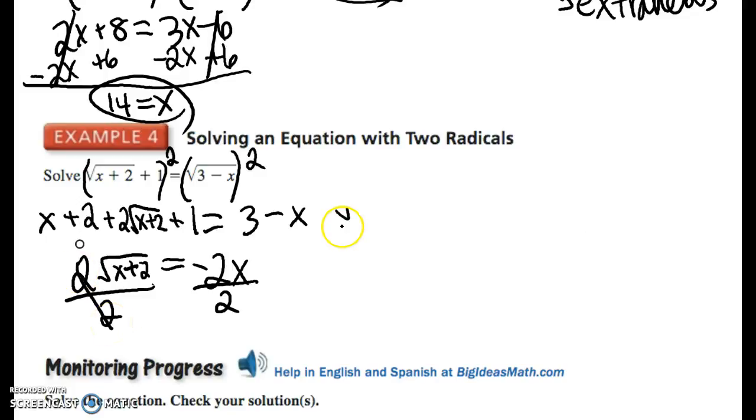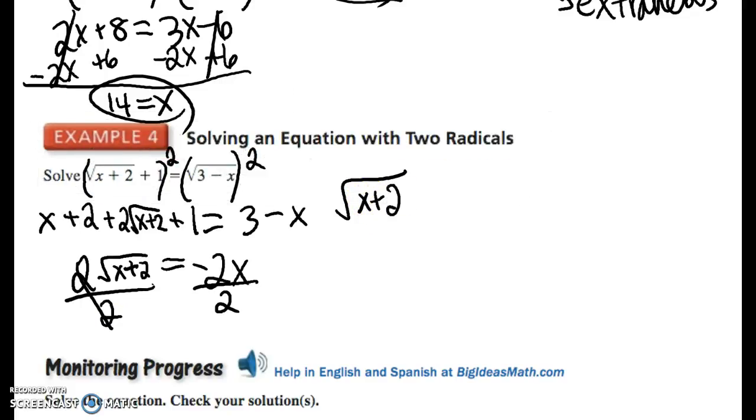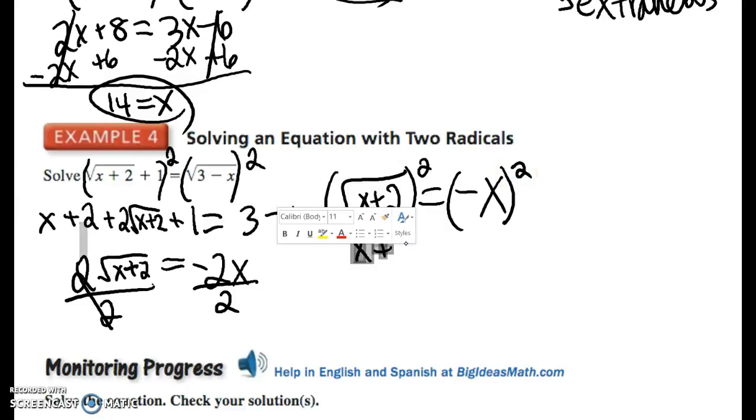So I'm left with the square root of x plus 2 equal to negative x. Now once I get here, I want to square both sides. And then I get x plus 2 equals x squared.